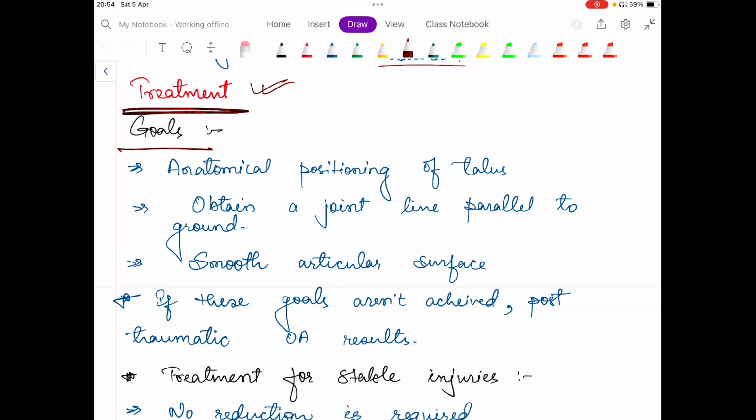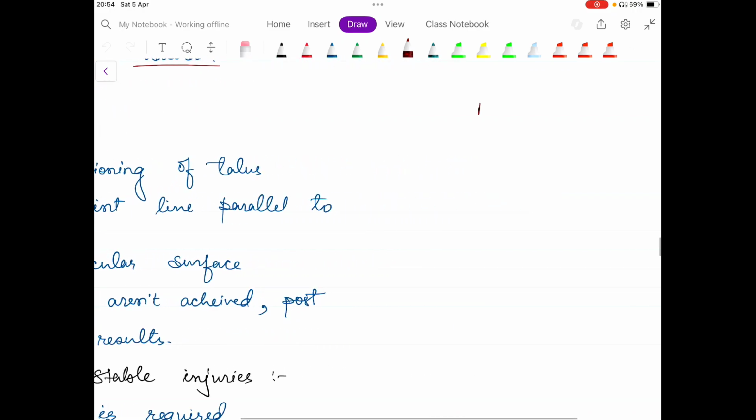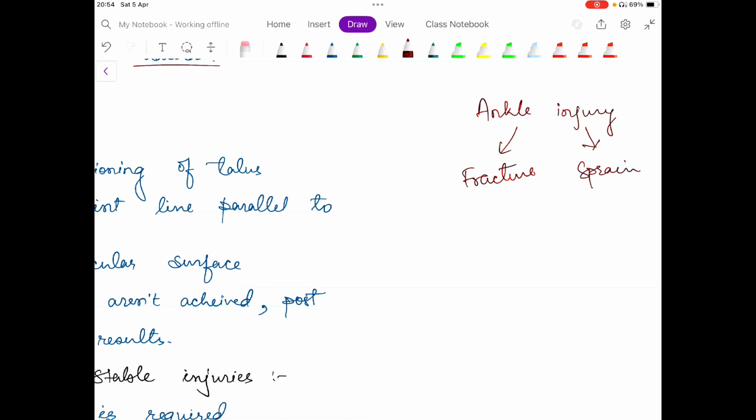In today's video, I'm going to talk about the treatment of ankle injuries. Now, for those of you who haven't watched my previous video, please go and watch it, because in the previous video I talked about ankle injury, and I discussed fracture in detail, and sprain, which is your ligament injury.